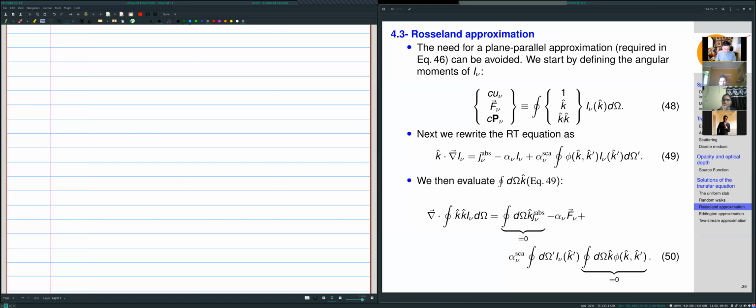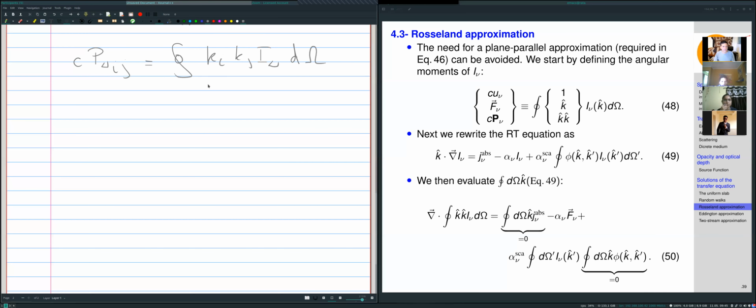We have P nu ij, with the two indices. It's a matrix which is given by k i times k j times the specific intensity field.